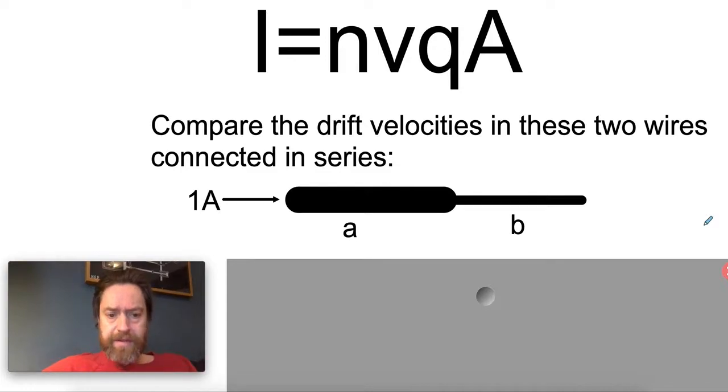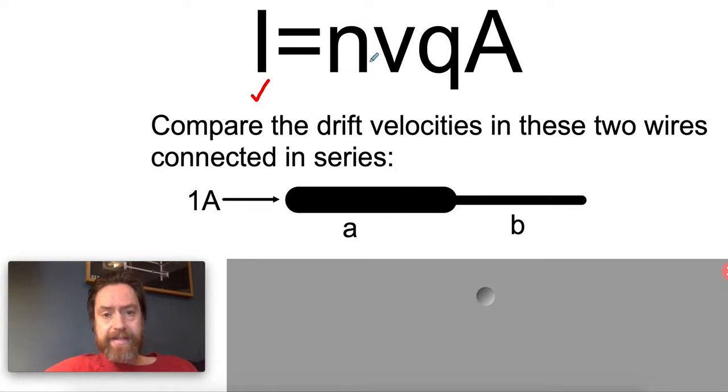So the way we approach this is we ask ourselves what's the same in the two wires and what's different between the two wires. If I was just sketching it down on a bit of paper, I might start with this equation and I'd say to myself, okay, because they're connected in series, the current is the same in both of those wires.